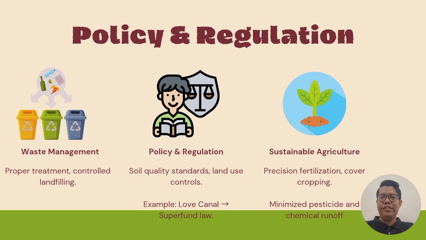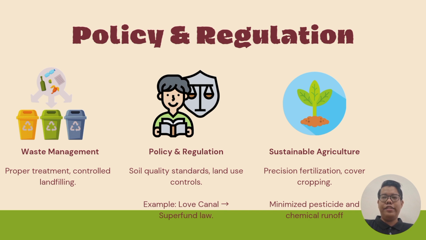The government's role is critical in soil pollution mitigation. Policy and regulation can enforce soil quality standards and manage land use. Historical disasters like the Love Canal incident led to laws like the US Superfund program, which ensures contaminated sites are cleaned up responsibly. Sustainable agriculture also plays a key role.